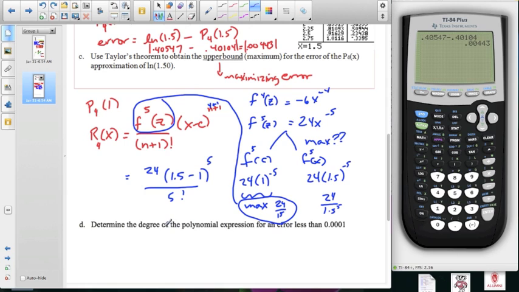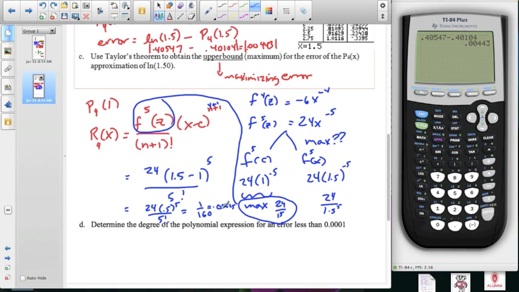So there's the maximum value of the error. So that ends up being 24 times 0.5 to the 5th over 5 factorial, which ends up being 1 over 160. So that is 0.00625.